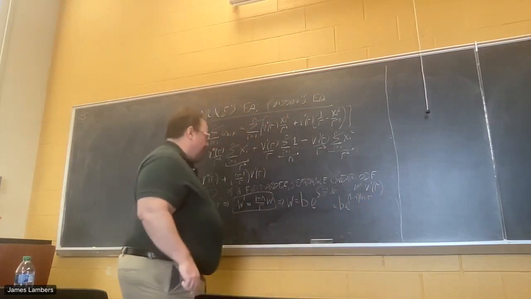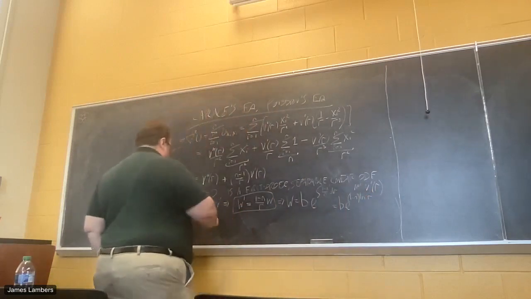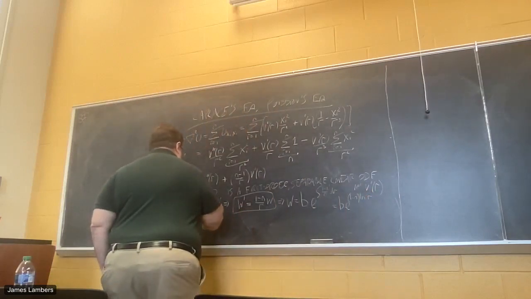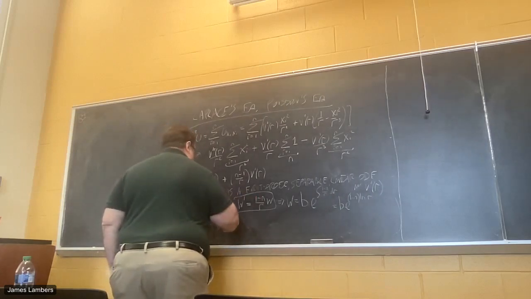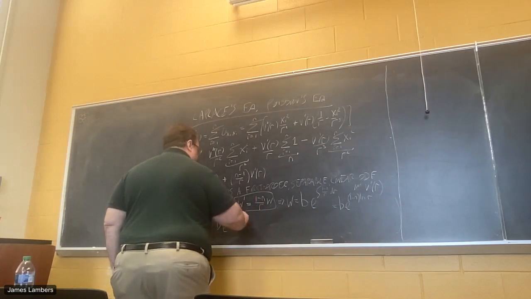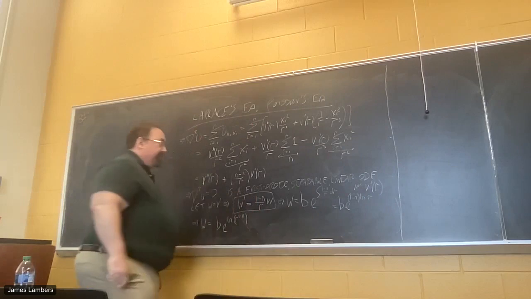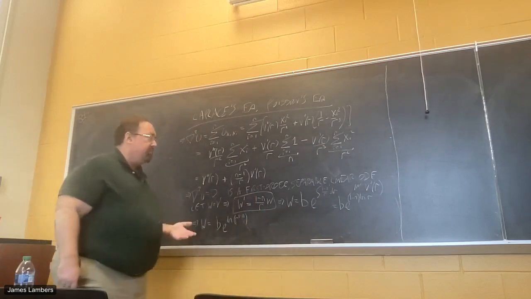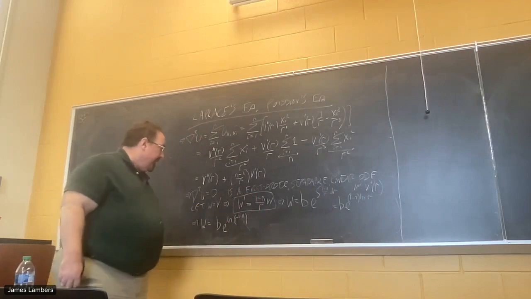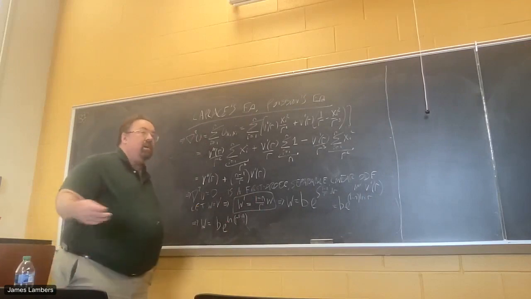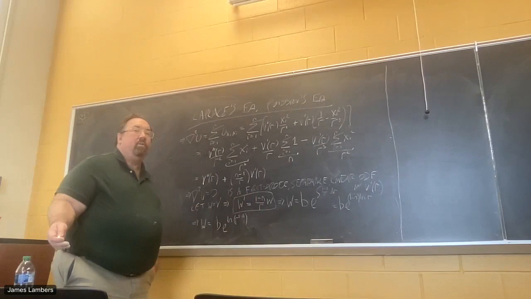And then if I use the properties of logs, I can write that as b e to the natural log of r to the 1 minus n. So the factor multiplying the log, I can move up here as an exponent. And now I have e to the log of something, which lets me do what?